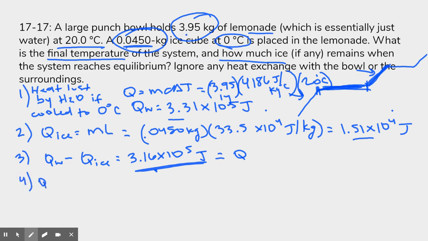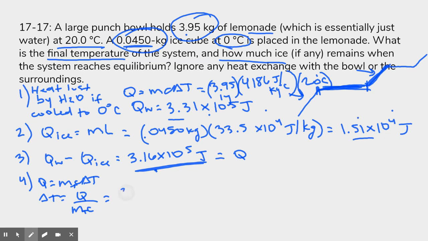So step 4, we're going to use Q equals mc delta T. And we need to find the delta T value again. So we have delta T equals Q over mc. And this is the total mass this time. So we're putting it all together. This was individually the water, individually the ice. Now we're putting everything together.